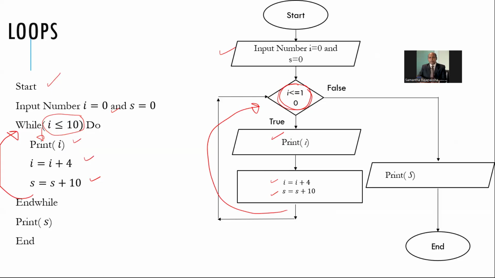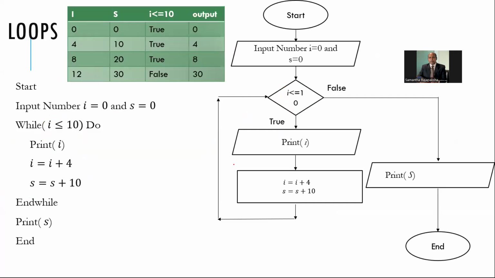Then to determine the output, you have to create a table including all these variables like I, S, condition. With the initial values, you have to start a loop table like this. So you can see in this table we have the variables I, S, and condition and outputs.